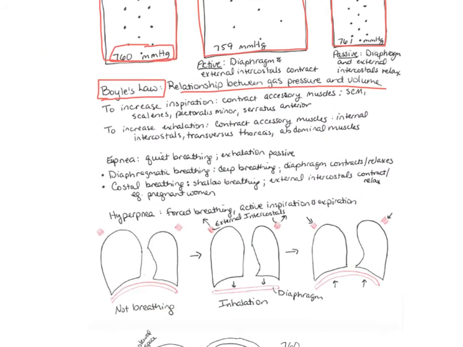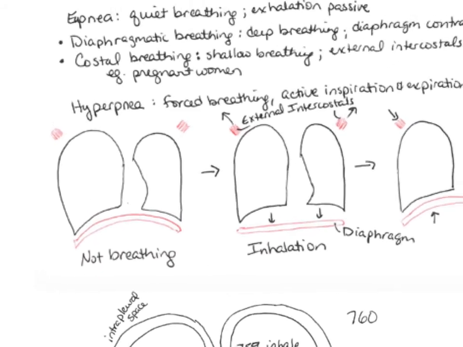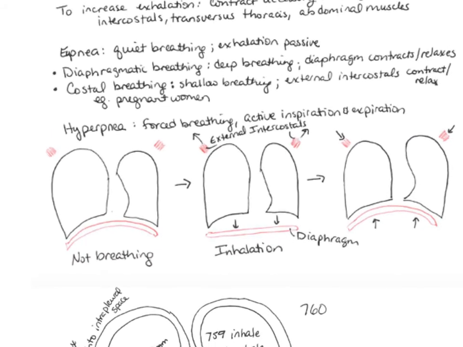So when we look at the lungs here, here's the diaphragm right here, and here's the external intercostal muscles. So when you're not breathing, they're not doing anything. They're not contracting, they're not relaxing, they're not doing anything. But as soon as they contract, they flatten out.